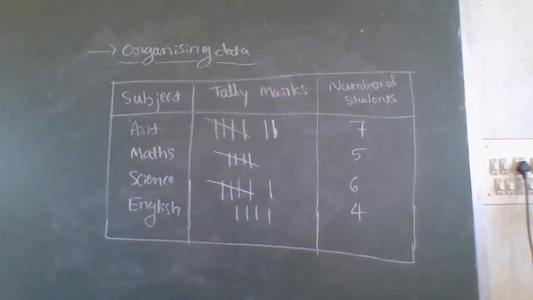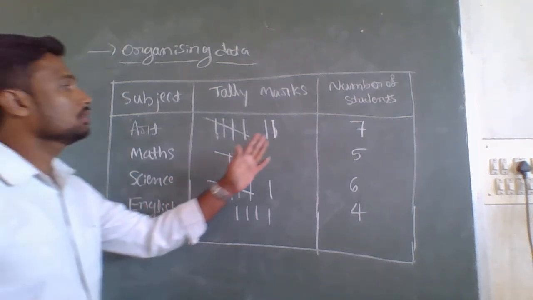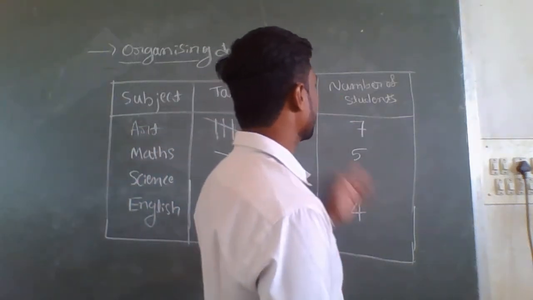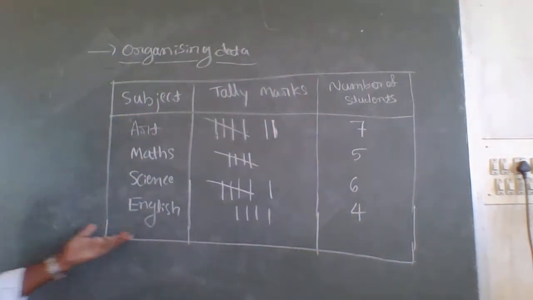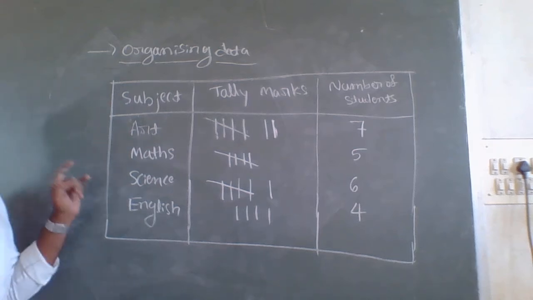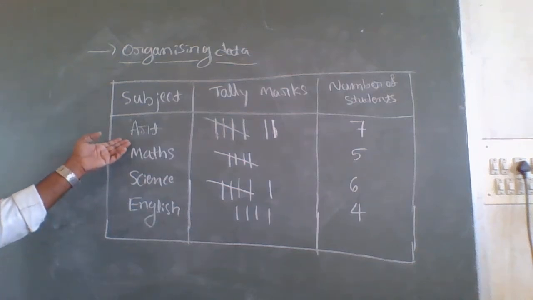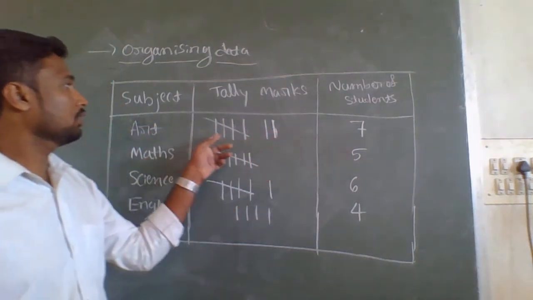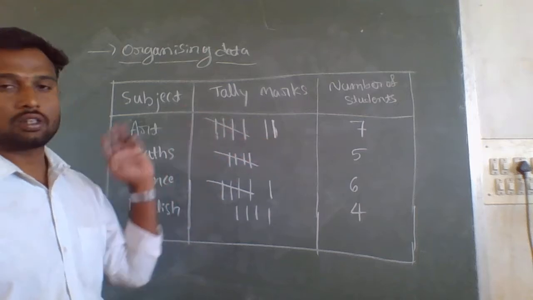Now we know how to represent tally marks by observing the number of students. They asked a group of students about their favorite subjects. Art is liked by 7 students, so there are 7 marks.